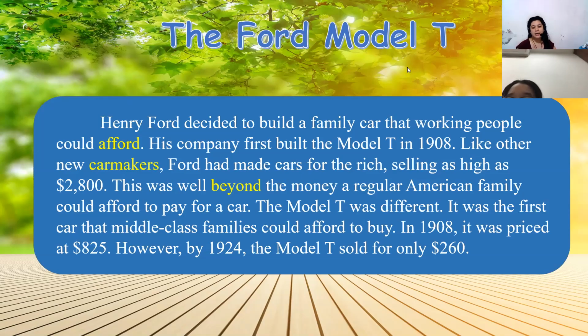This was well beyond the money a regular American family could afford to pay for a car. The Model T was different. It was the first car that middle class families could afford to buy. In 1908, it was priced at $825. However, by 1924, the Model T sold for only $260.